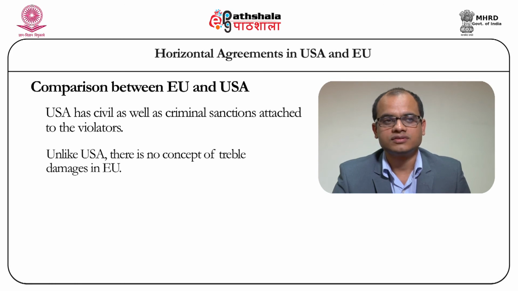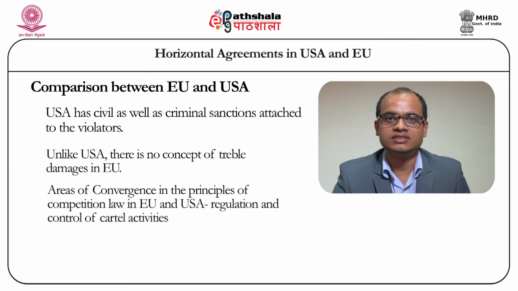And if one looks at the recent enforcement actions in EU and US, one can see there is convergence coming in this area, and the convergence is more in the form of information sharing and joint efforts to detect cartels.